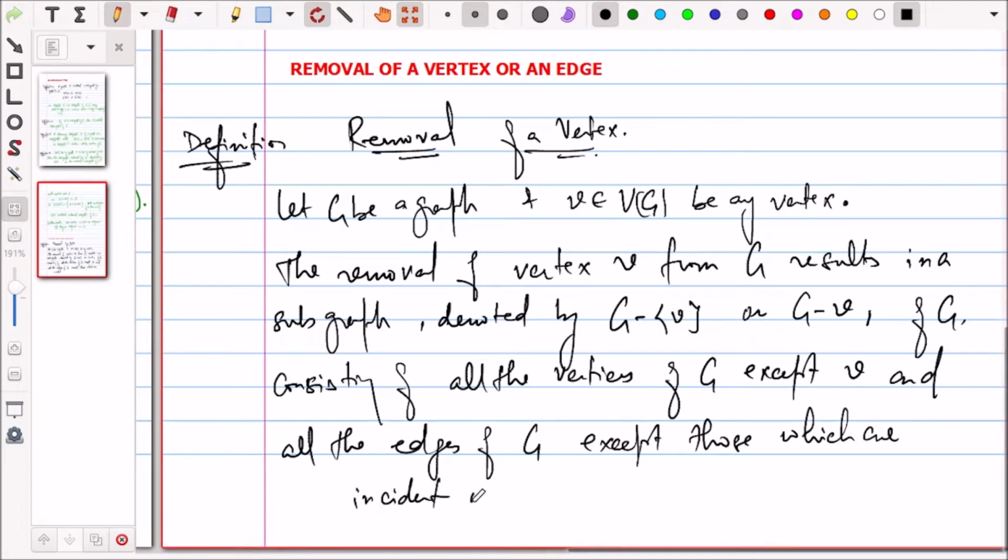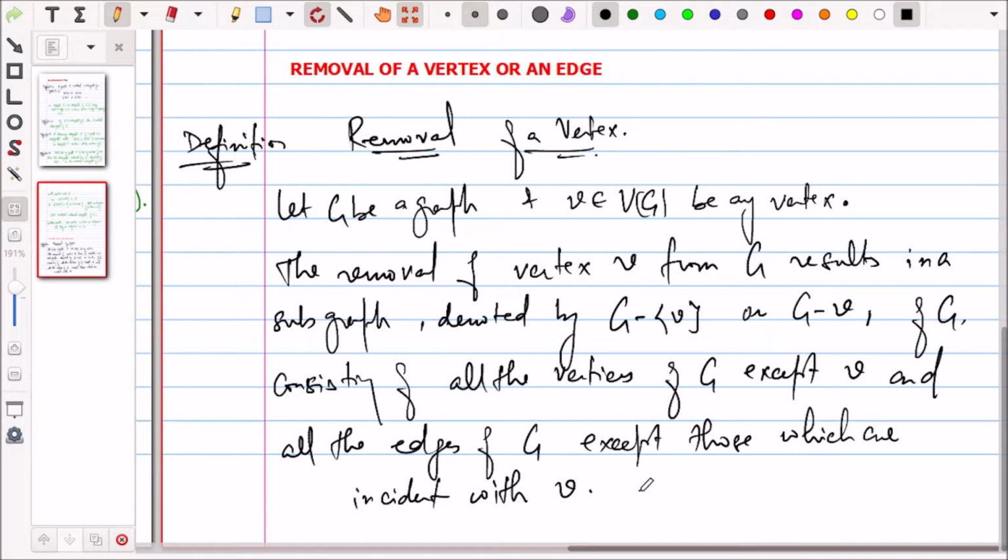So the removal of the vertex v from G results in a subgraph denoted by G minus v, and it consists of all the vertices of G except v and all the edges of G except those incident with v.